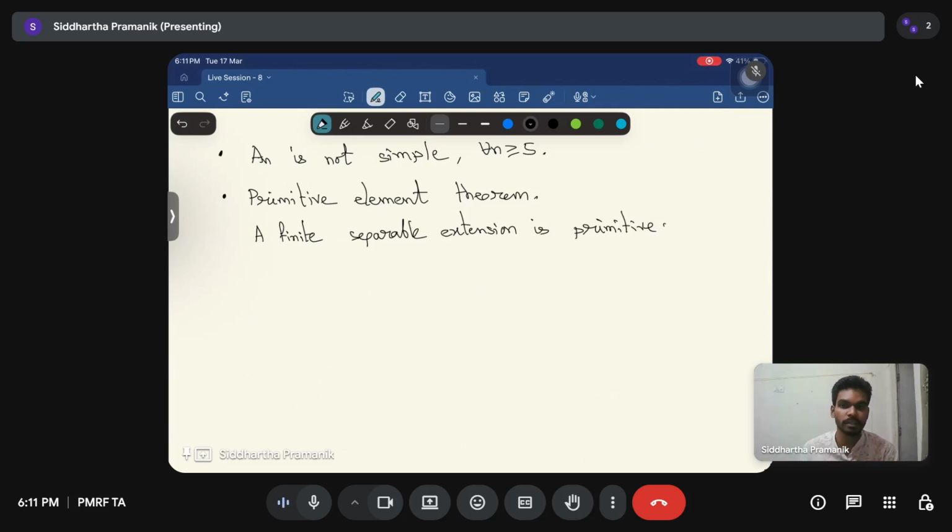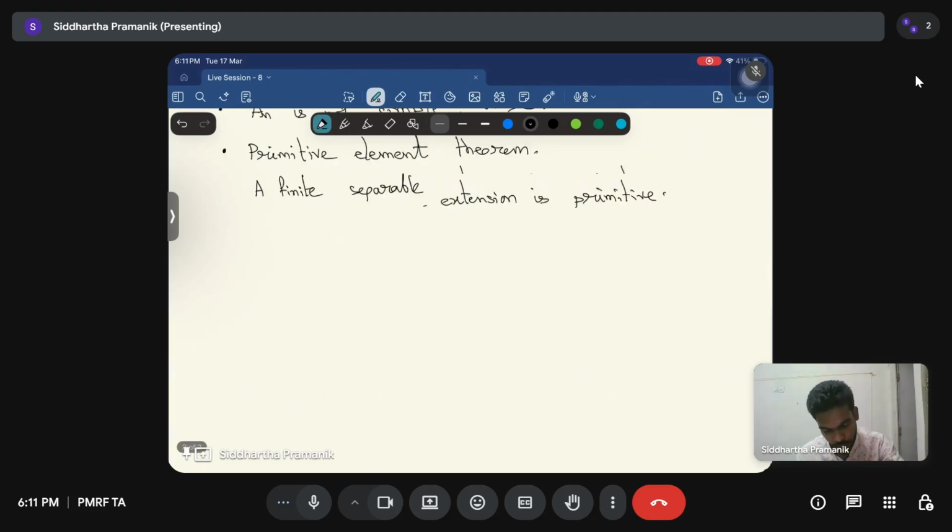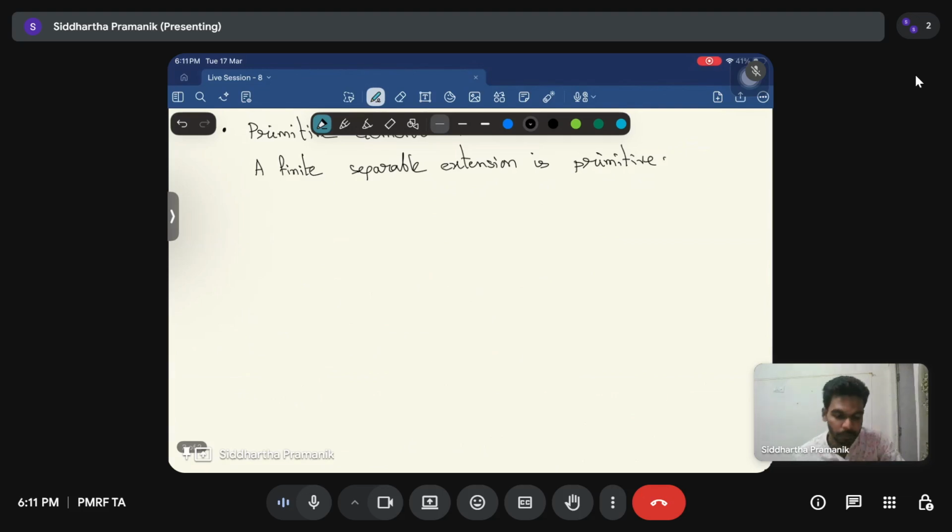And a finite Galois extension is primitive because it has only finitely many intermediate fields, because the corresponding Galois group has only finitely many subgroups by the fundamental theorem of Galois theory.